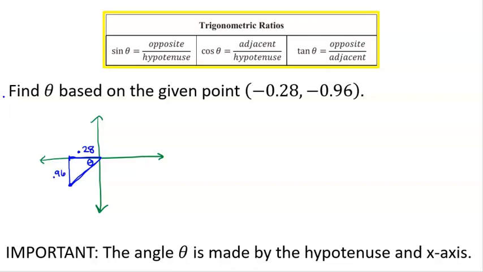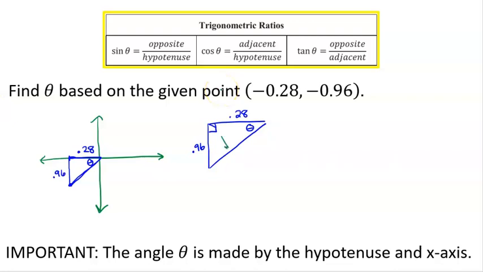And so that would be the distance. Make sure that you're not putting negatives on those distances, because we can't have a negative distance. It's just telling us what direction we went in. So we went to the left and then we went down. So now I have a right triangle. And here's theta, 0.28, and then 0.96, and then from here I can solve for theta.